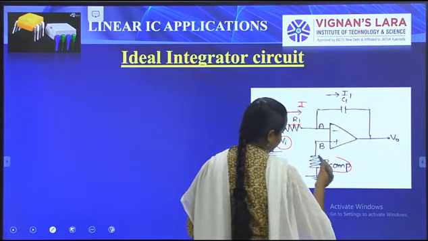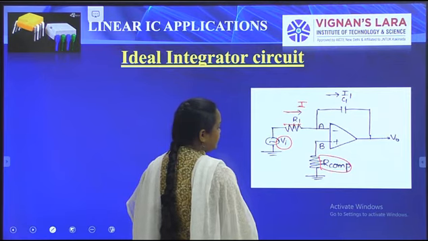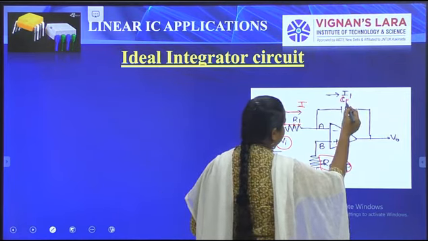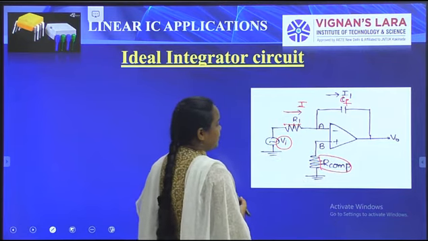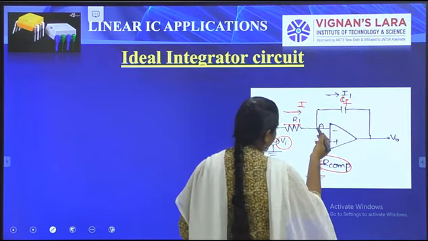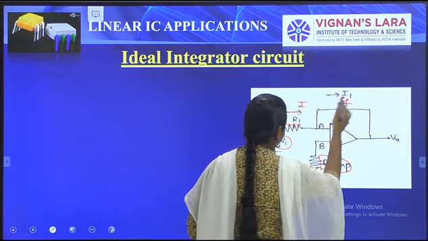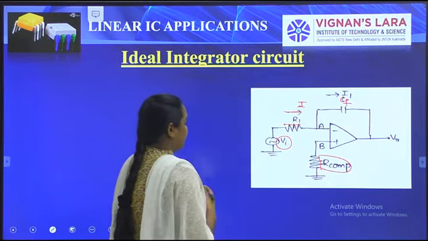The feedback capacitor CF is connected between the inverting terminal and the output, and I1 is the current flowing through this feedback network.